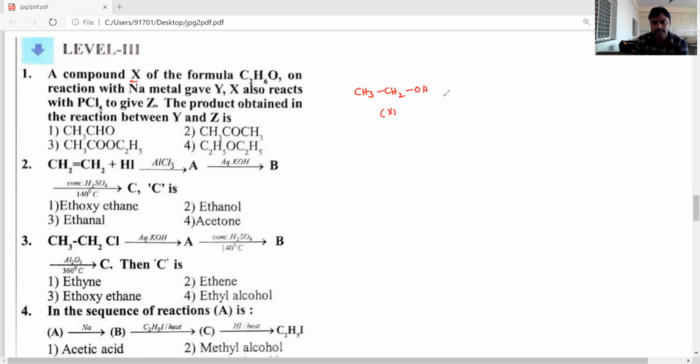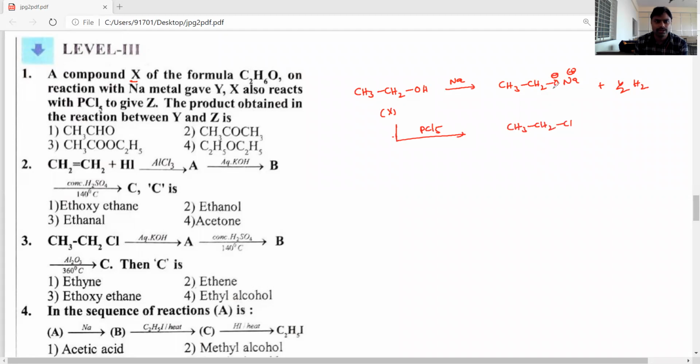This is X. It reacts with sodium metal, forms sodium ethoxide, CH3CH2ONa, and releases hydrogen gas. This X also reacts with PCl5. The product is CH3CH2Cl, ethyl chloride.